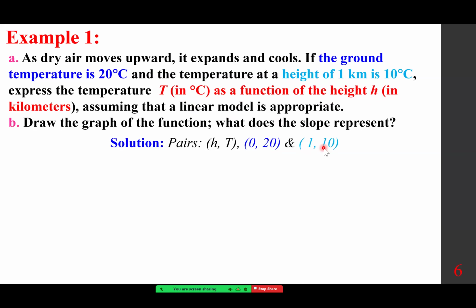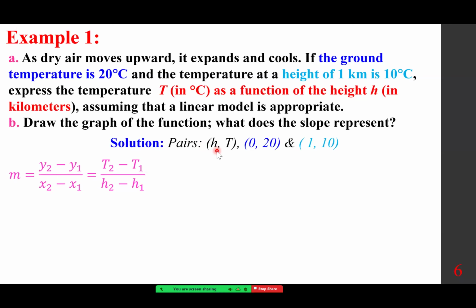In order to find the equation of the line, the linear equation, first we need the slope, rise over run: y sub 2 minus y sub 1 over x sub 2 minus x sub 1. However, we are using h and t. Therefore, it's t sub 2 minus t sub 1 over h sub 2 minus h sub 1. I wanted you to see the basic formula that we use and then expand it for h and t.